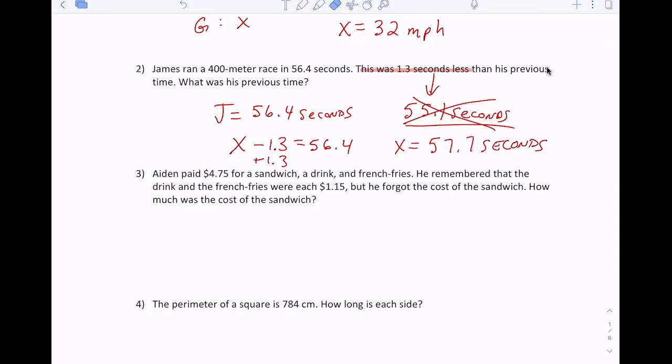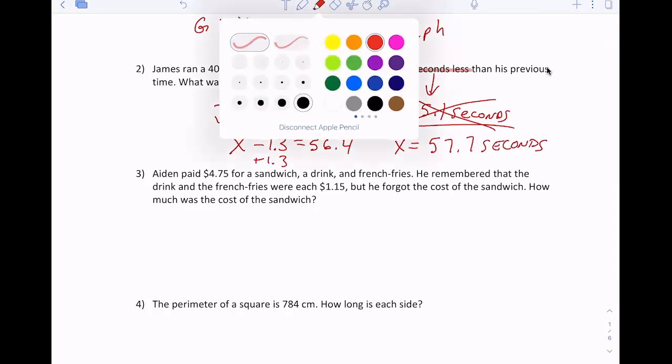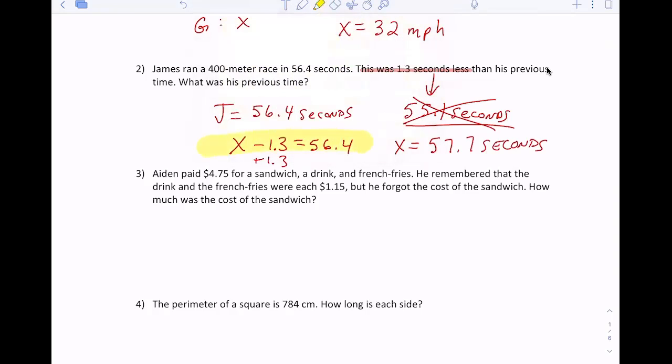Because people see less than, they automatically say subtract, and then they think they're right, and they just move on. What is important to me is that you're able to do this. This is honestly what I think is the most important part.